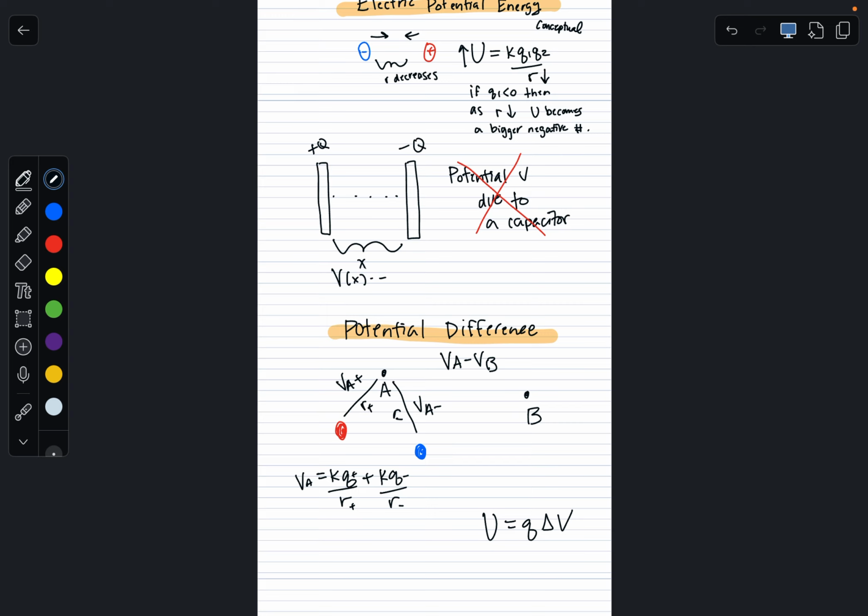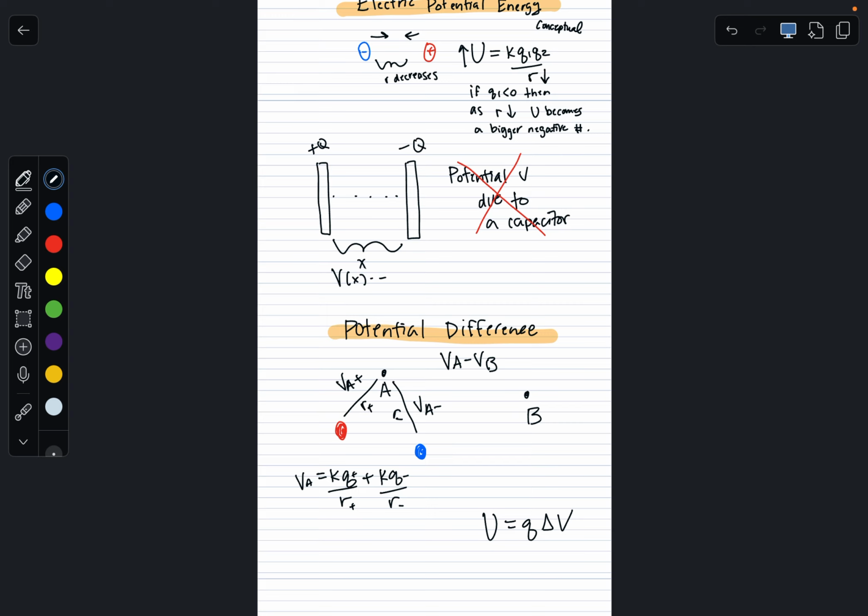It's going to have two contributions, right? The only difference is that B is at a different location. So we need to get our r minus and our r plus, right? So you're going to have different values there. And then VA minus VB is exactly what you think it is. You're going to take those two values and subtract them. And that's going to be the potential difference.